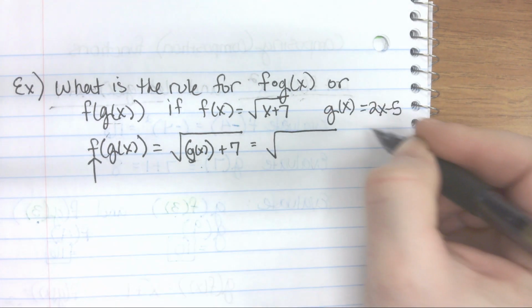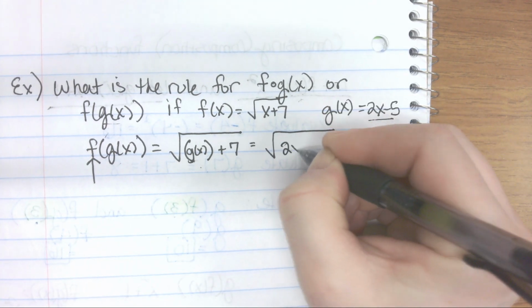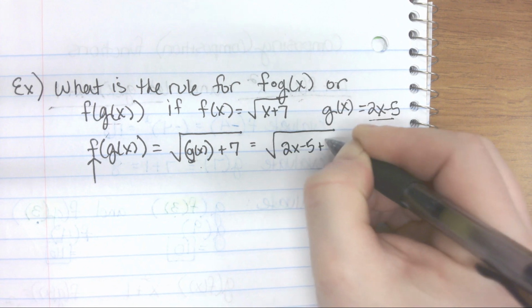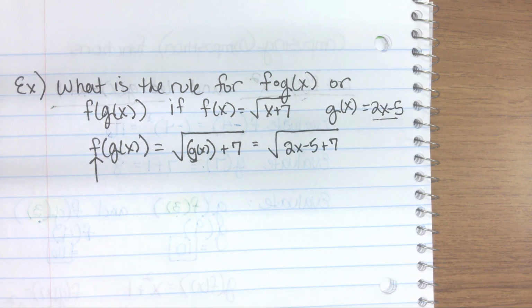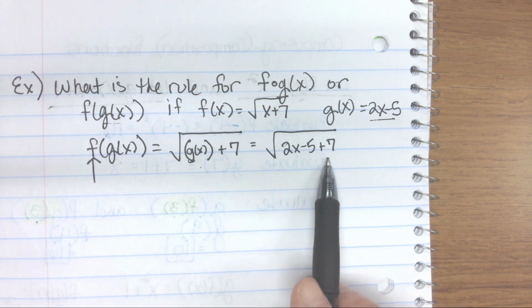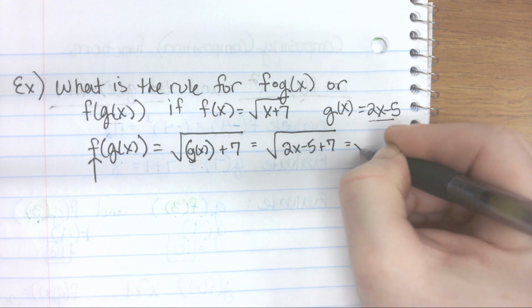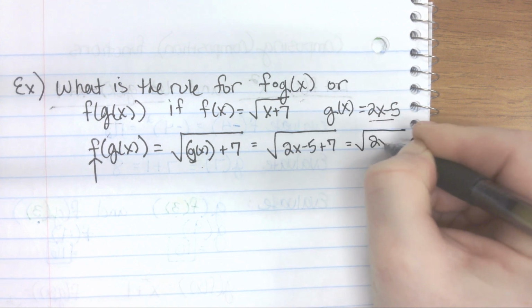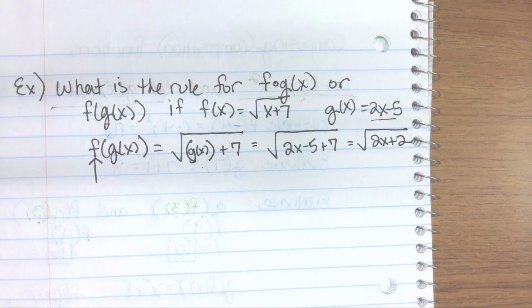What is it? 2x minus 5 plus 7. Okay. If possible, then we just simplify it. So the only thing I could simplify on this would be the negative 5 plus 7. I would rewrite this as the square root of 2x plus 2. Okay.